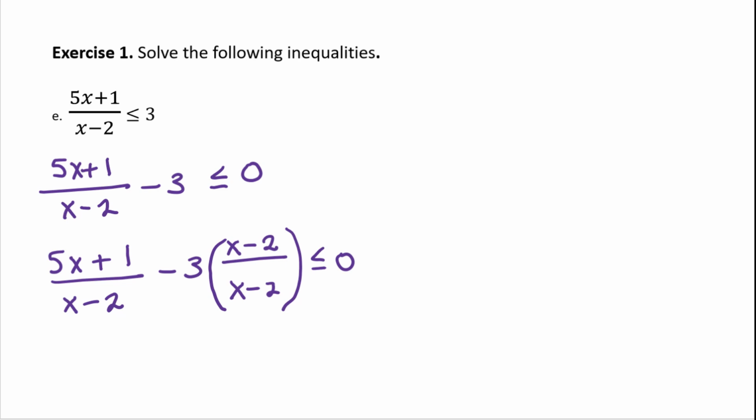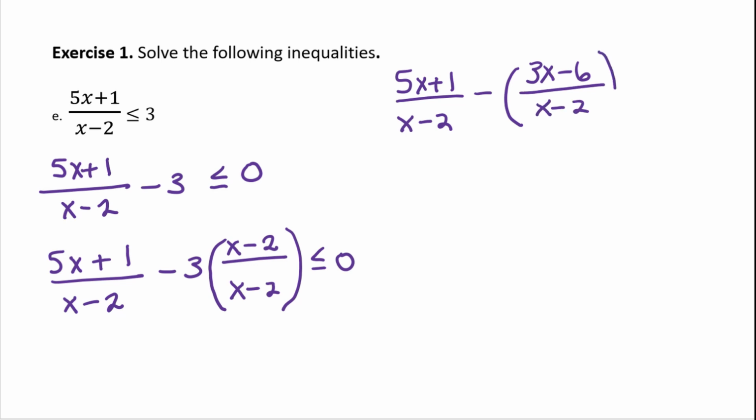We'll distribute the 3 to the second term. So the 5x plus 1 divided by x minus 2 minus, we only multiply it through the numerator, so 3x minus 6 divided by x minus 2 is equal to or less than 0. Let's write this all over one common denominator expression. So the denominator will have x minus 2. This is equal to or less than 0.